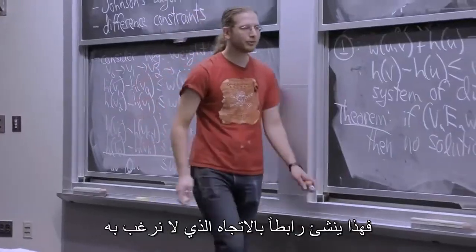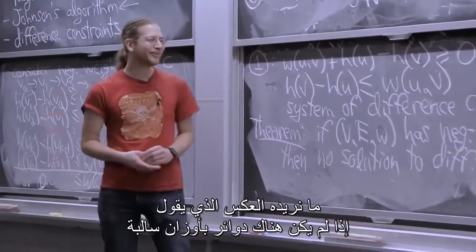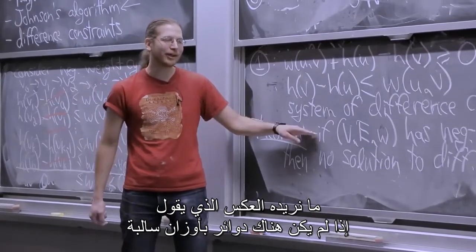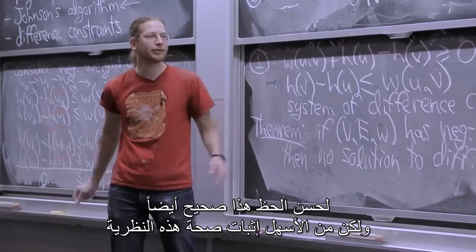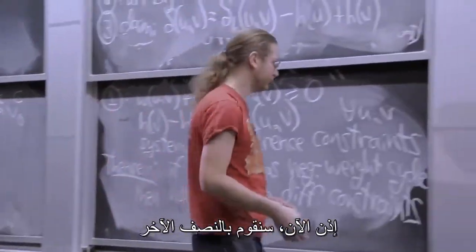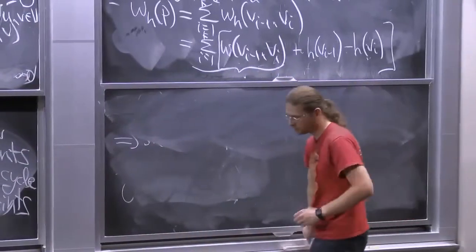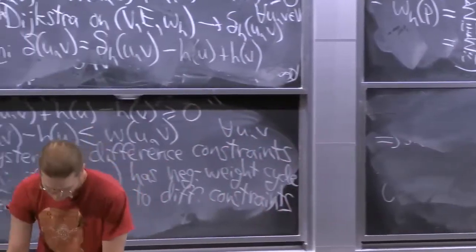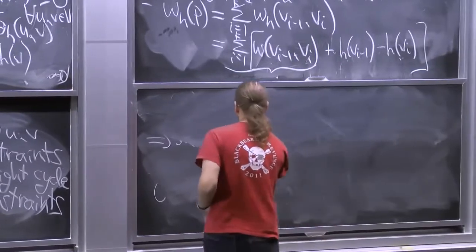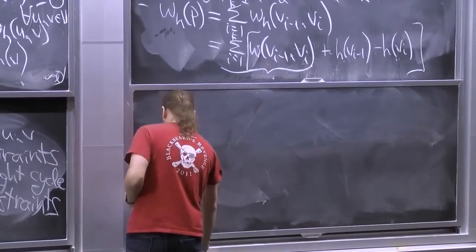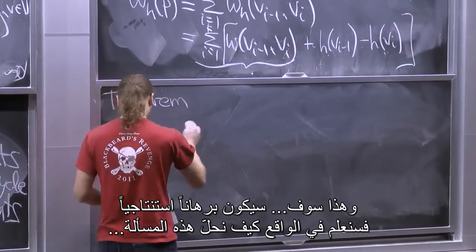So that establishes a connection in the direction we don't want it. What we want is the converse, which is if there's no negative weight cycle, then there is a solution. Luckily, that is also true. But this is a little easier to see. So now we do the other half. And it's going to be a constructive proof, so we're going to actually know how to solve this problem.